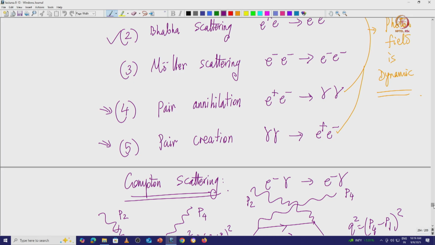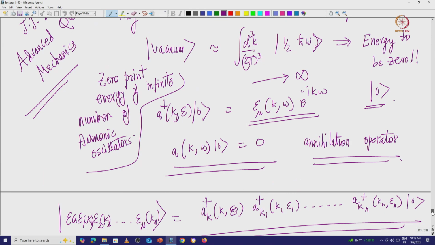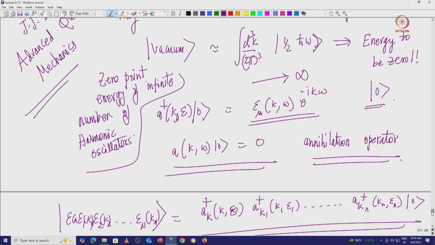Instead, the radiation field can be interpreted as a particle itself by interpreting it in terms of quantum harmonic oscillators, like what we have seen here.